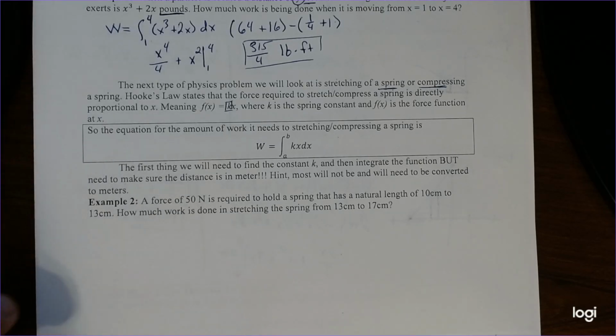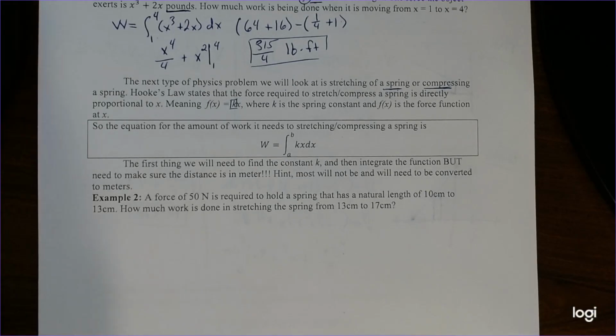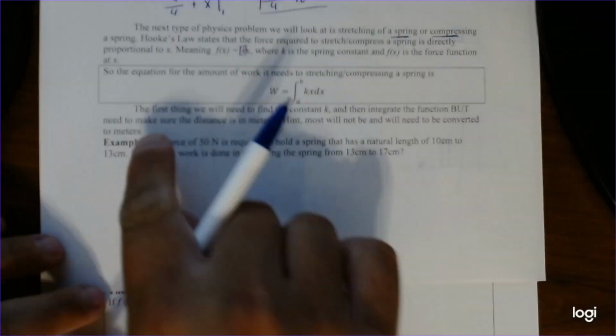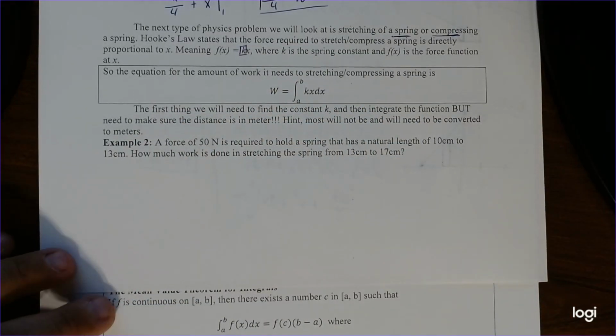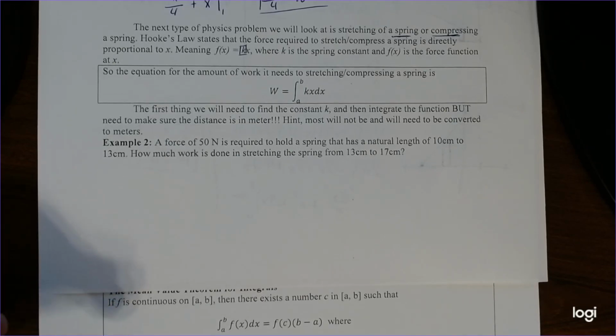The most work we're going to be dealing with when it comes to springs is finding the k value itself. Taking the integral of just x is pretty straightforward, it's just x squared over 2. But the k value is what we care about the most. I'll give you a hint here. The first thing we need to do is find the constant k and then integrate the function.